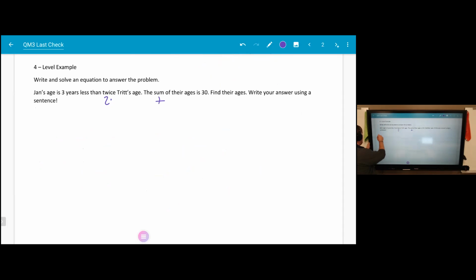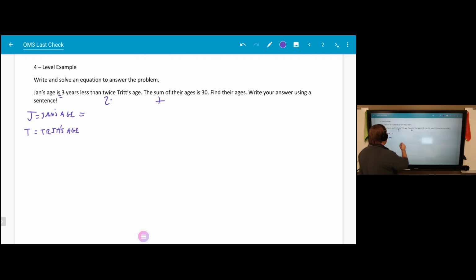Okay, so we've got Jan's age, we'll call J. We've got Trit's age, we'll call this T. And we know Jan's age is, an equal sign, 3 years less, so I'm taking 3 away from something.